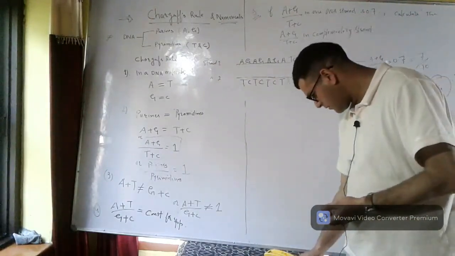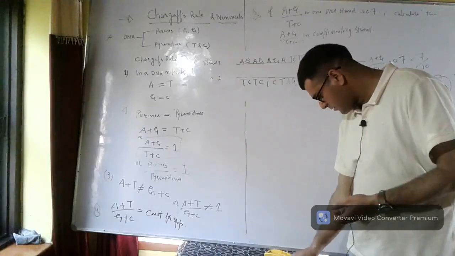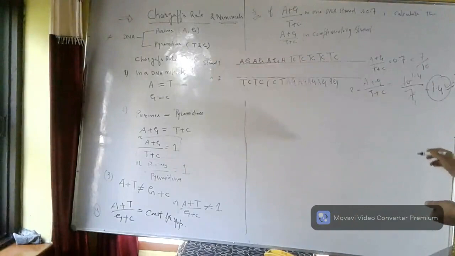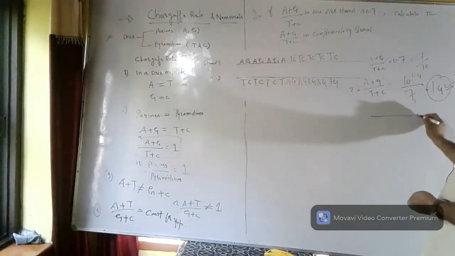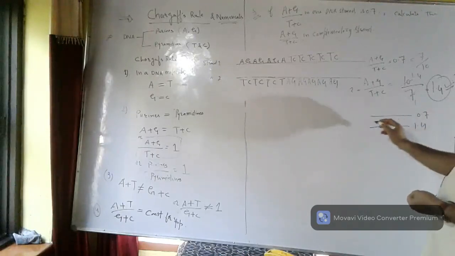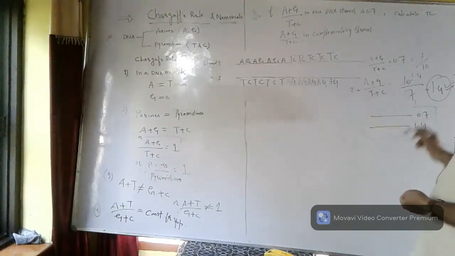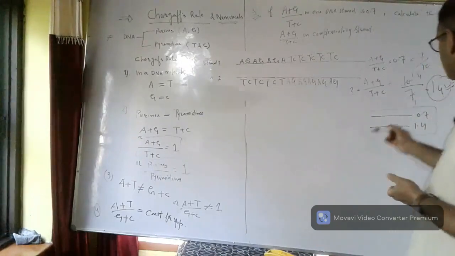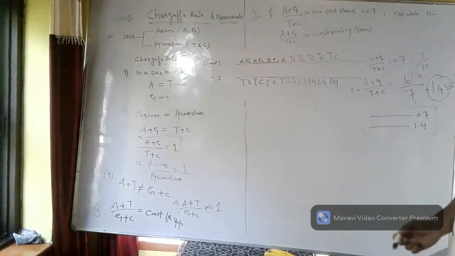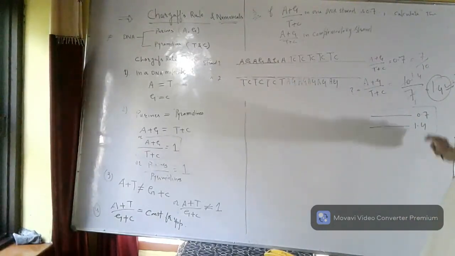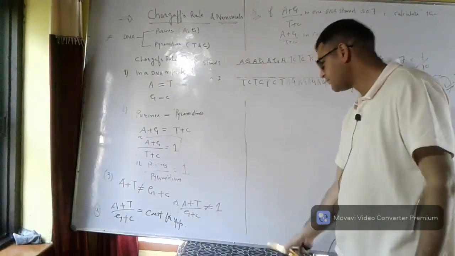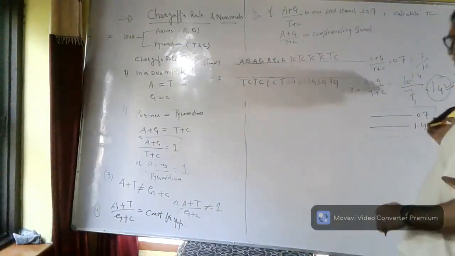So it is 0.7 in this strand and 1.4 in the other strand. This was given, and we had to calculate the base ratio in the complementary strand. And we'll do another numerical.